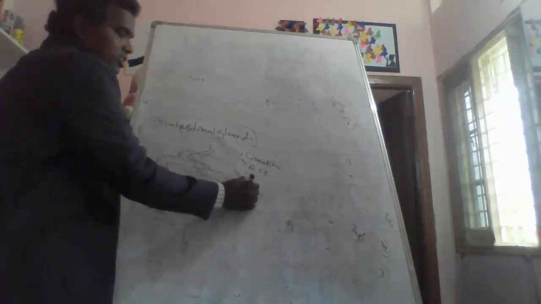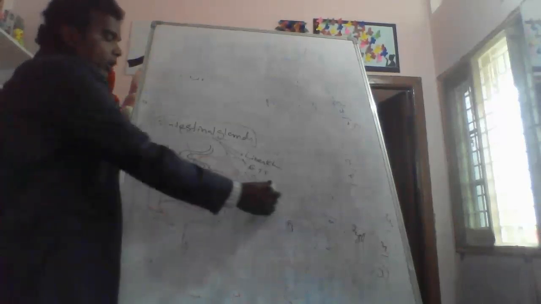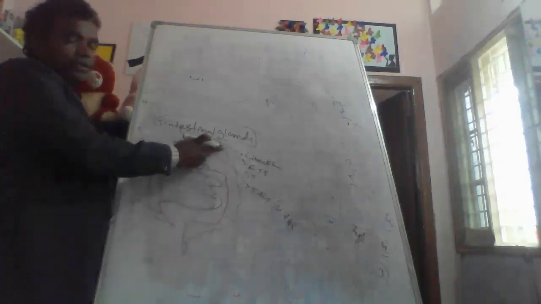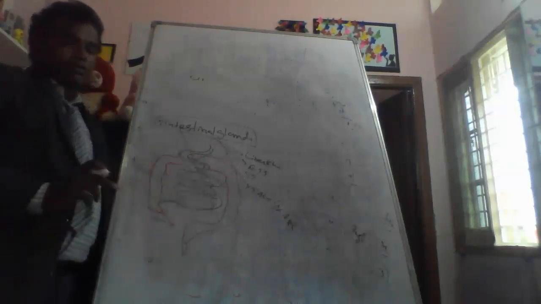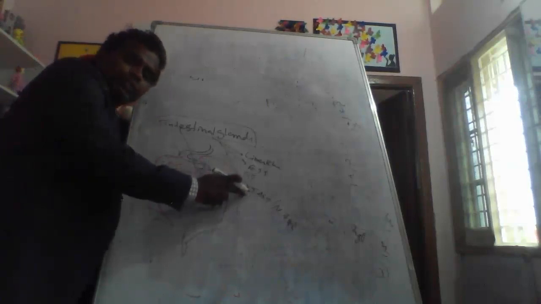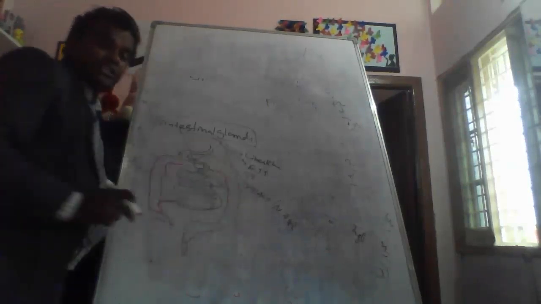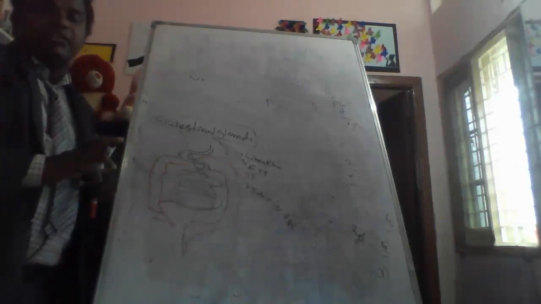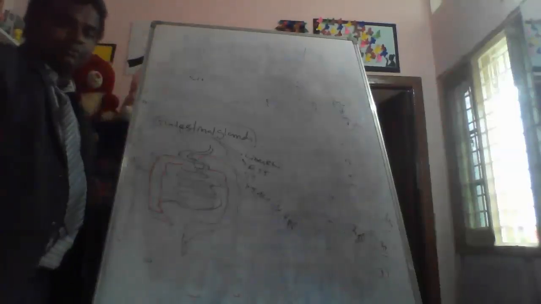These intestinal glands also have GALT, or we can call it MALT also. GALT is nothing but gut associated lymphatic tissue. MALT is nothing but mucus associated lymphatic tissue.